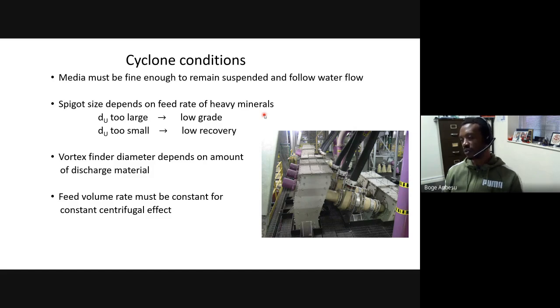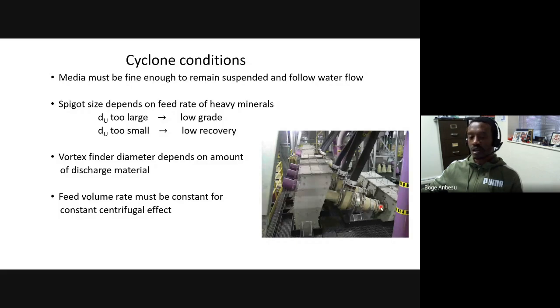So in this case, you might reduce the grade of the concentrate, if you like, that you're producing. Again, if you make it very small, so in this case, if the spigot is really small, it means you're not allowing enough product to exit.